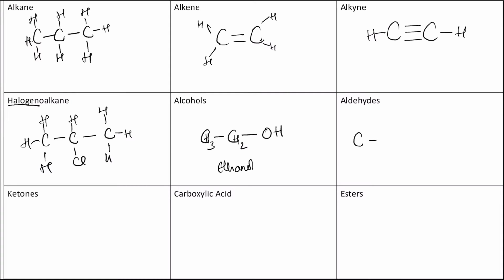So let's draw that again. Yes, so that is a carbonyl. When the carbonyl is attached to a hydrogen and another carbon, that is an aldehyde. But when the carbonyl is sandwiched, so you have CH3s, or it could be any amount of carbon atoms, but it needs to be sandwiched between two carbon atoms.